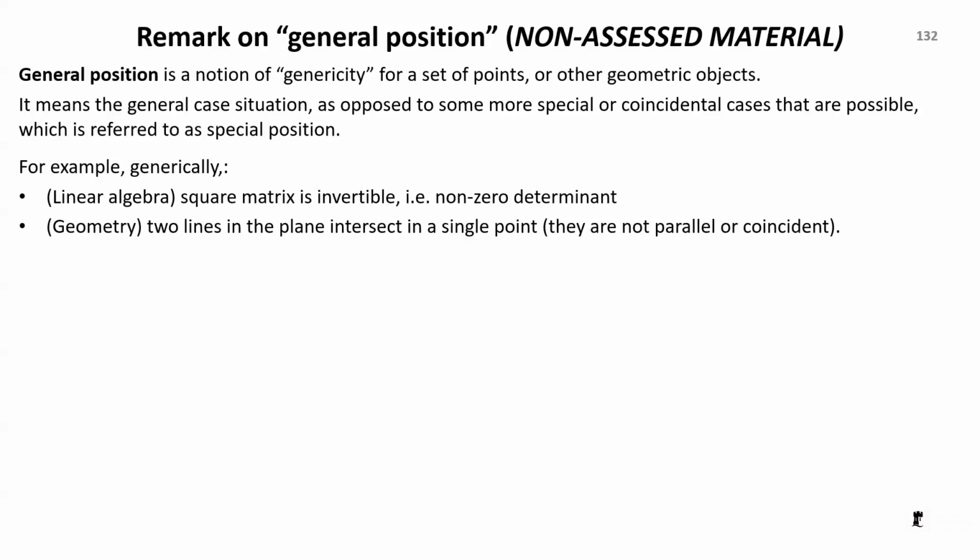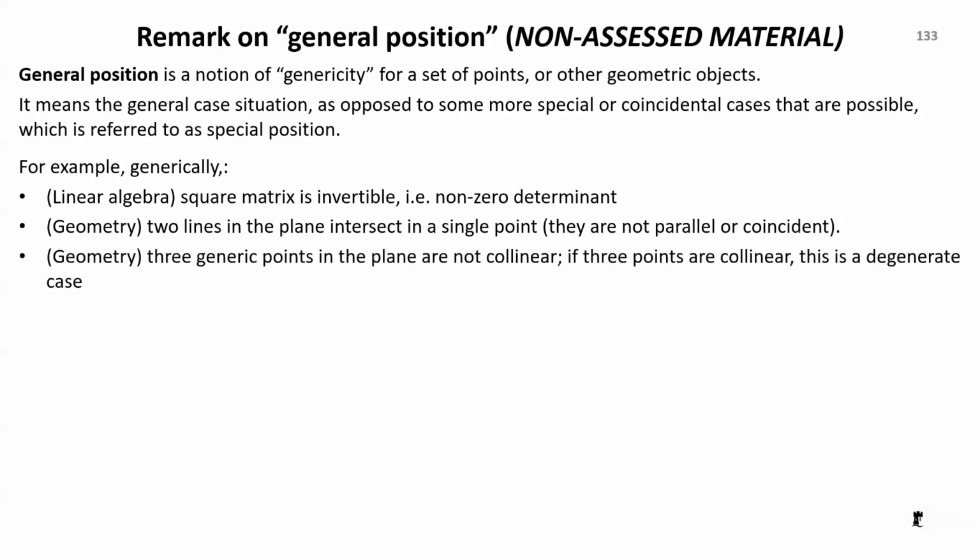If we have 2 lines, in general, they will intersect in a single point. If those lines coincide or are parallel, we say they are not in general position. The same for 3 points in 3 dimensions.